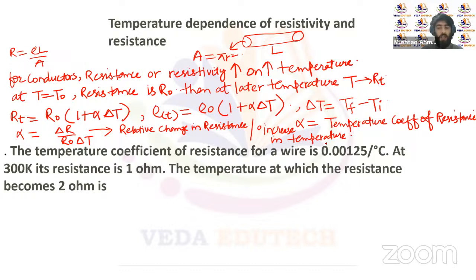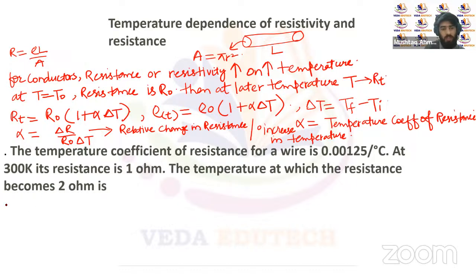The temperature at which the resistance becomes 2 ohm is what we have to find, that is, how much we have to increase or decrease the temperature. Because the resistance here is increasing, the temperature must increase for a conductor. That means we have to find the new temperature at which the new resistance will be equal to 2 ohm.